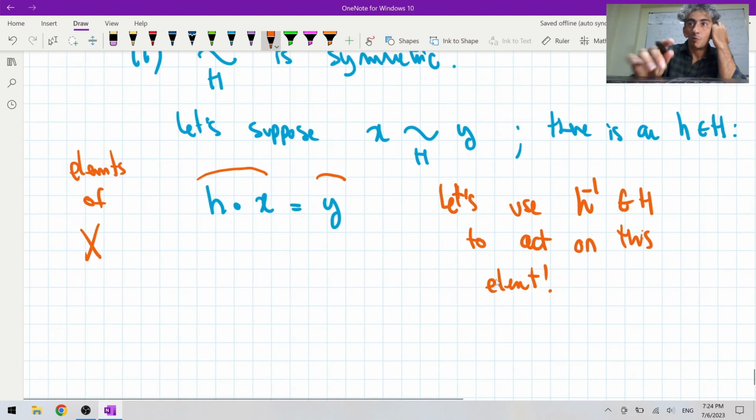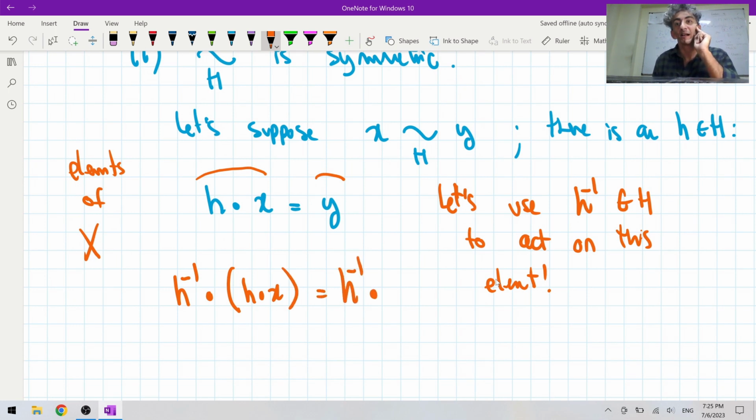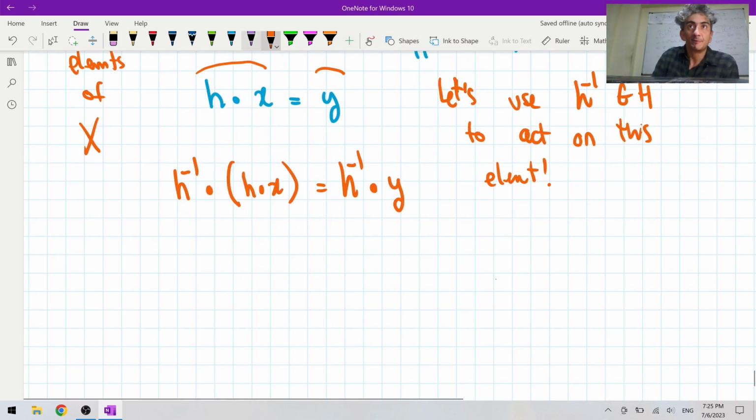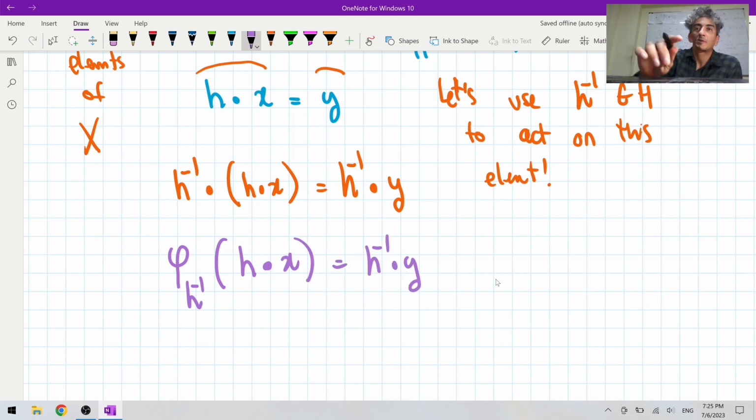So we're going to make h to the minus 1 act on this element. So that is h to the minus 1 acting on Y. If you take a look at this, what does this mean? This is phi sub h to the minus 1 applied to the element h acting on X. But what is this?